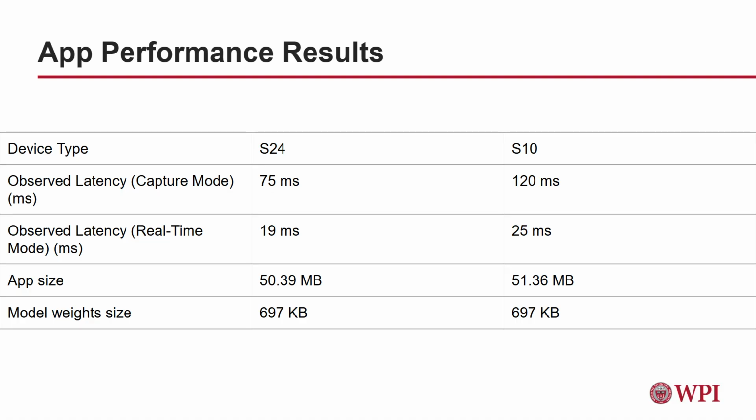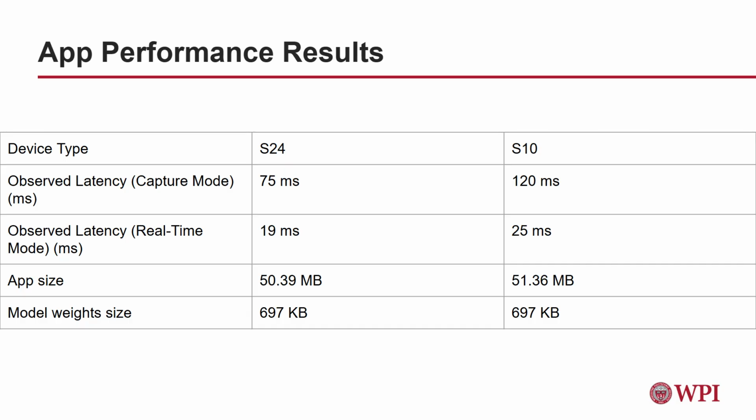And our app performance is measured on two devices, Samsung S24 and Samsung S10. For latency in capture mode, we got about 75 milliseconds on S24 and about 120 milliseconds on S10.